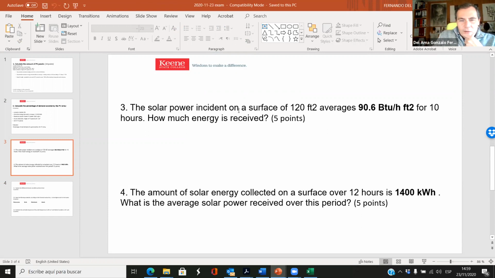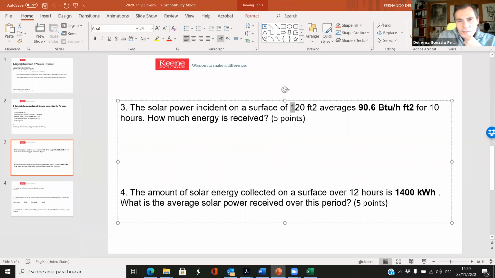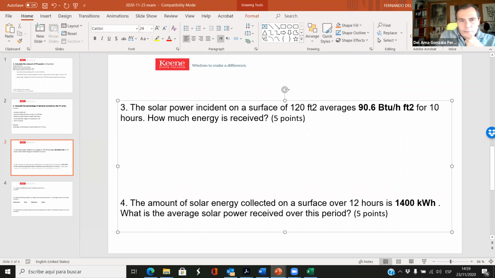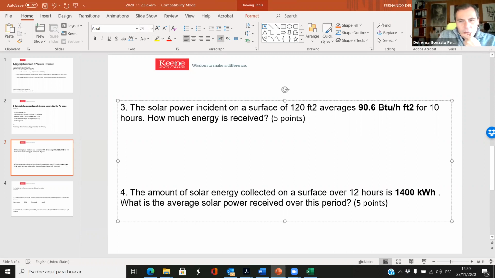Then the solar power. Here it's about energy and power. The solar power on a surface is for 10 hours. How much energy is received? Power is a solar irradiance, so we have to turn power into energy. This is 90.6 BTU per hour and feet squared.